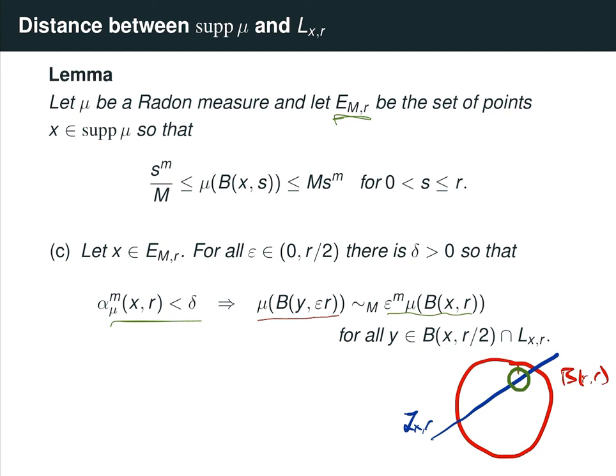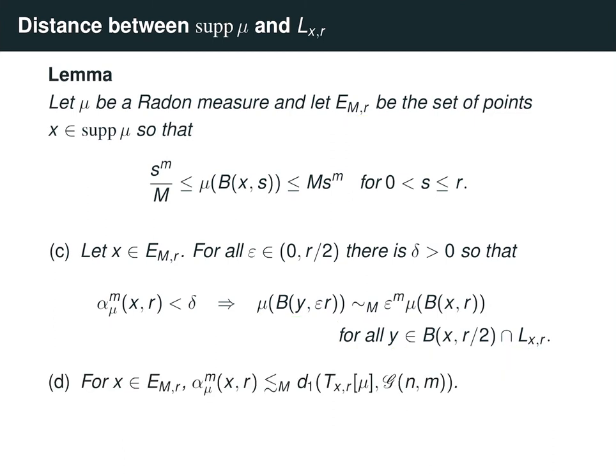This says that for points y along the best approximating affine plane, their distance is at most epsilon r from the support of mu. The reason is that the mu measure of this ball centered at y of radius epsilon r is some positive number. So in particular, there must be a point in the support of mu inside this ball, so the distance between that point and y is at most epsilon r.